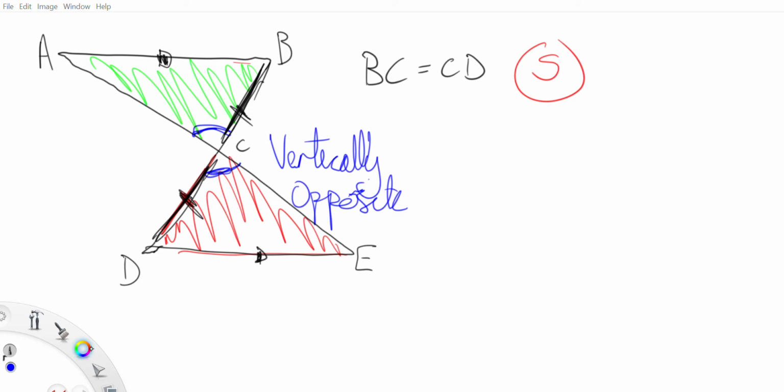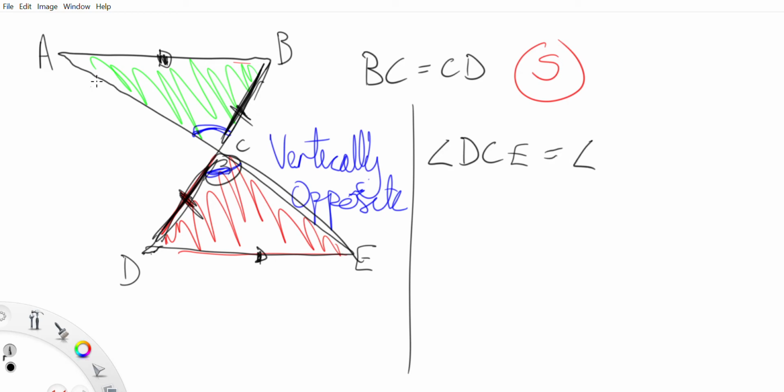So we could say the angle DCE here is equal to the angle ACB. So that fulfills that there is an angle that's exactly the same.